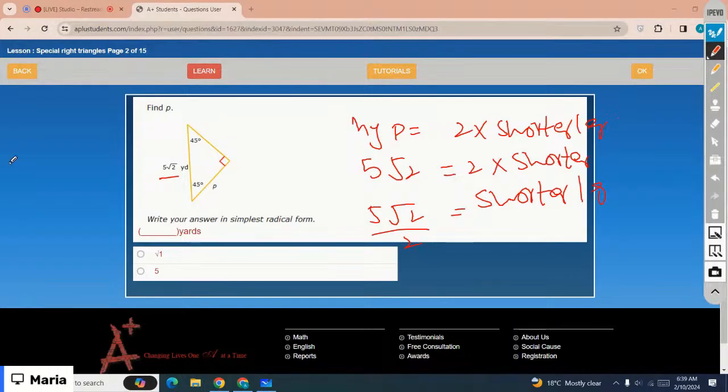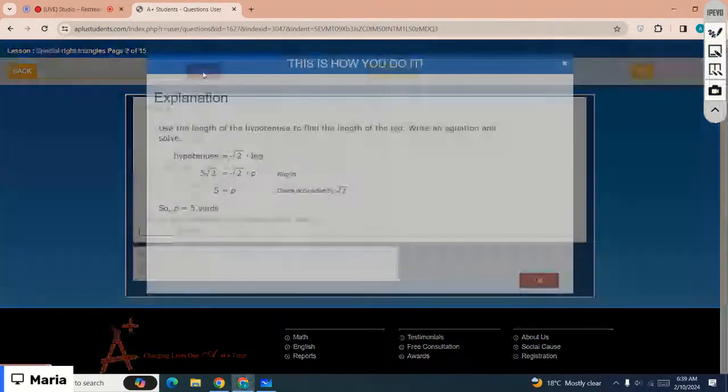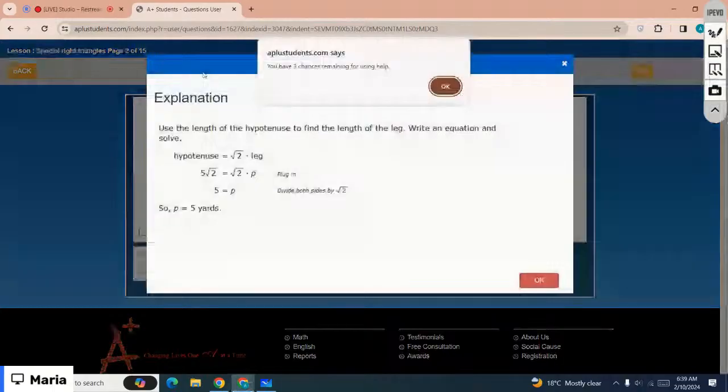Hold on, let me just see why. That is hypotenuse equals square root 2 times the leg, right?